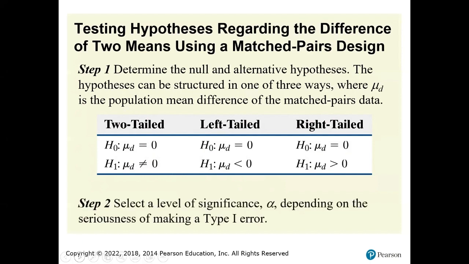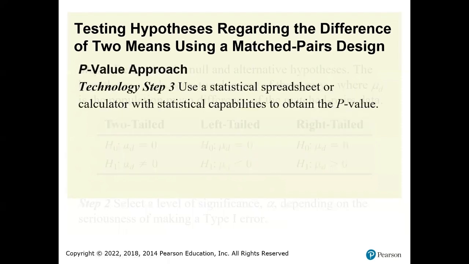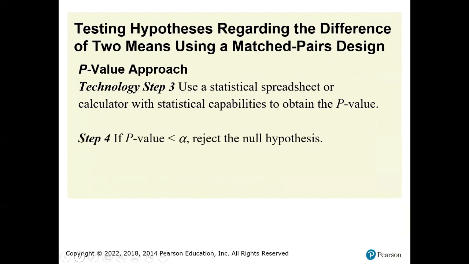We select our level of significance. We will then use our technology to get us a p-value. We will check to see if p is less than alpha. If it is, we can reject the null. If it is not, we do not reject the null. And we, of course, then write our conclusion.